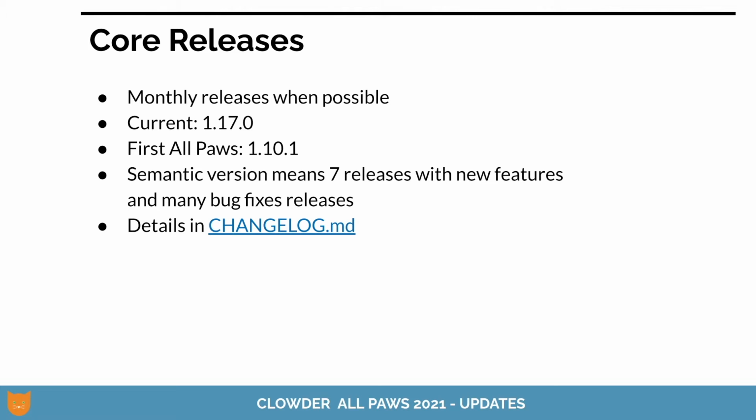But there have been many more that include bug fixes, and that's the third number you see there. If you want to know more about the details of these, take a look at the changelog release tab on GitHub for a full list of changes. We'll highlight some of the new features in this session.